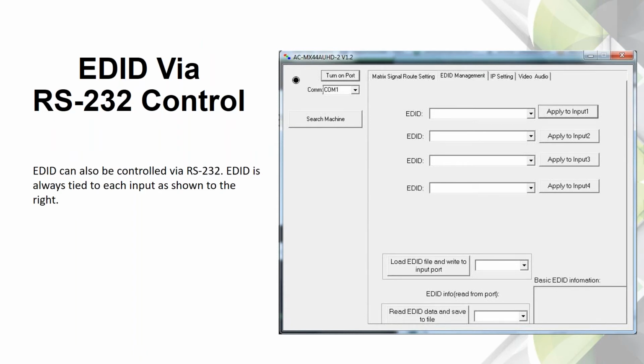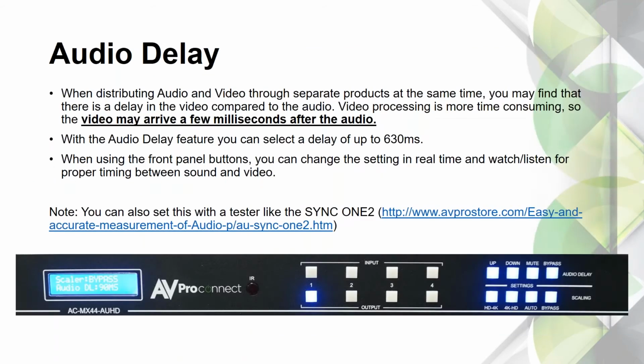Next thing we're going to talk about is audio delay. What happens when we separate audio and video like we do in custom AV, and we run into, for instance, Sonance multi-zone amplifier, two-channel type systems.